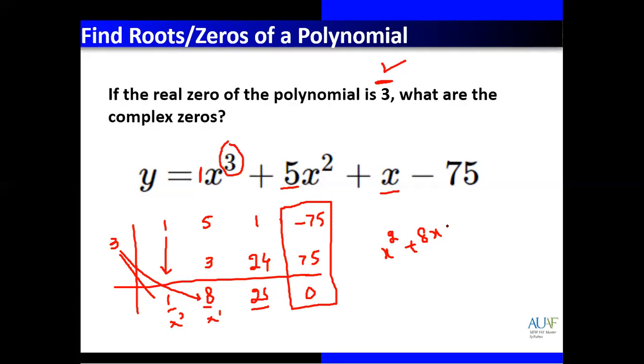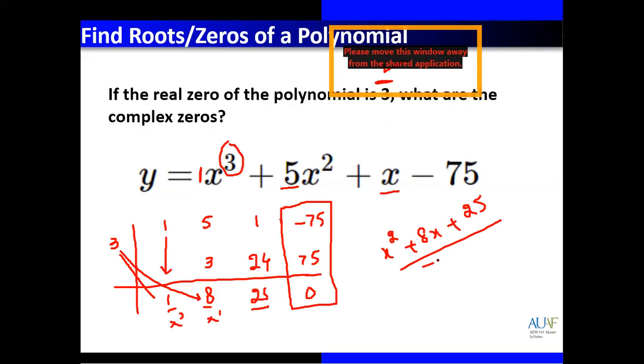The last one is plus 25. So now you can find with the help of quadratic formula or factorization or completing square. One is given, one is 3, and solving this one, you will find two more numbers. So totally there will be three numbers.